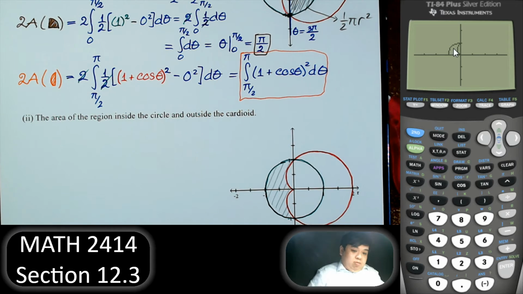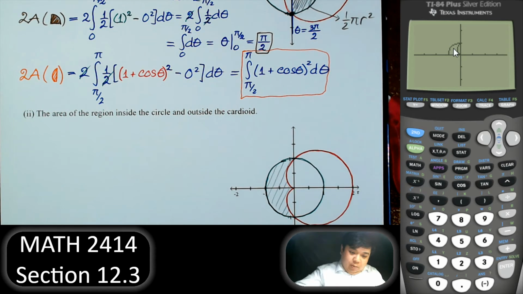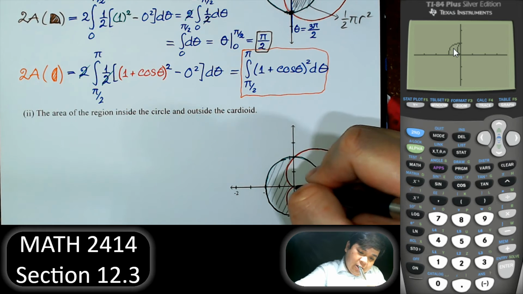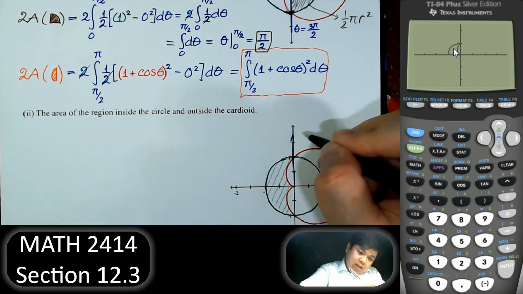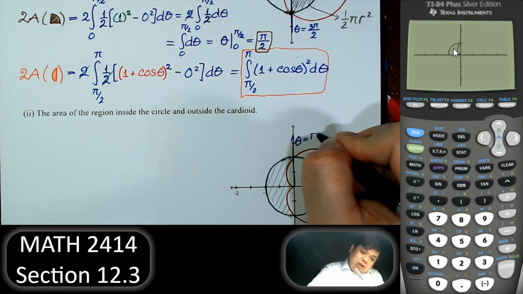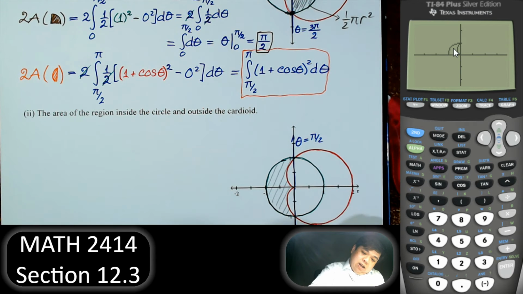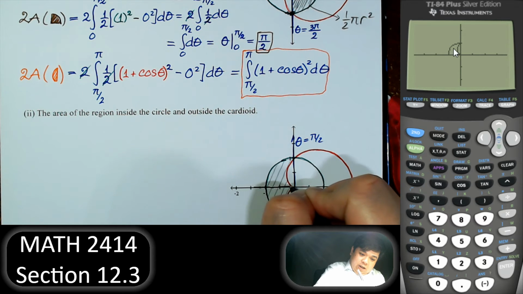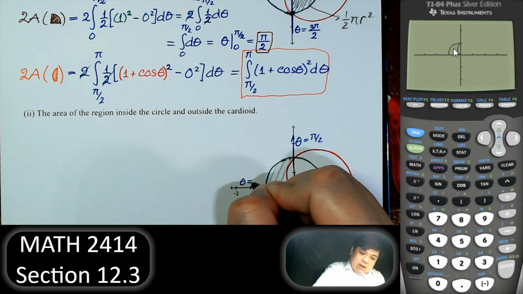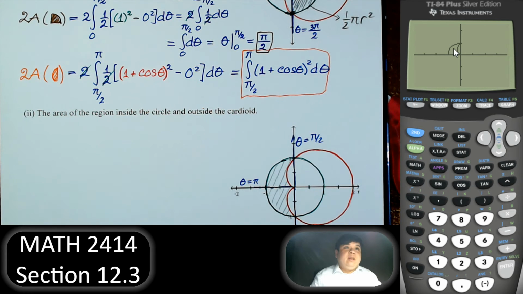Right, we did find all the boundary, right? Boundary here, theta equal to pi over 2. Boundary at the bottom, theta equal to pi, 3 pi over 2. And then this pi right in the middle.